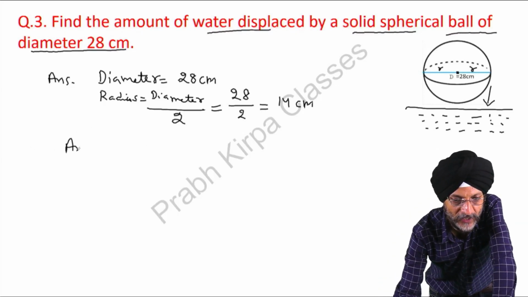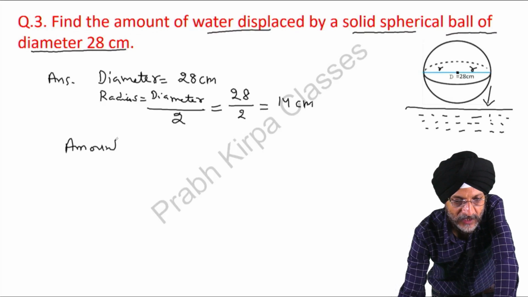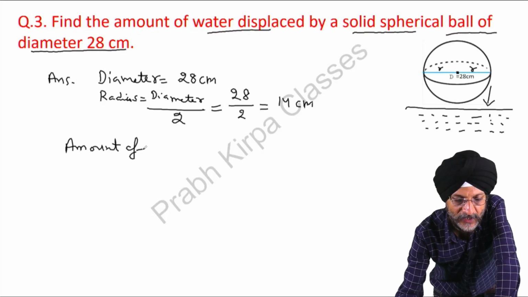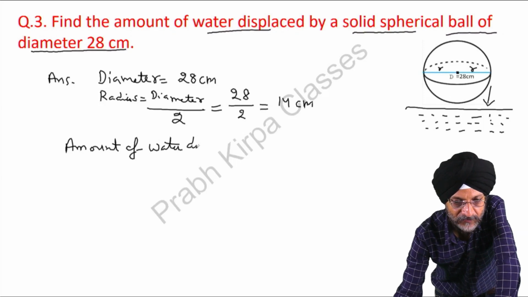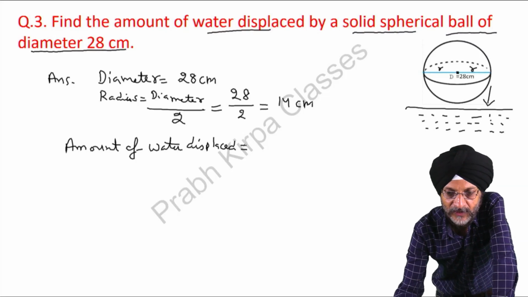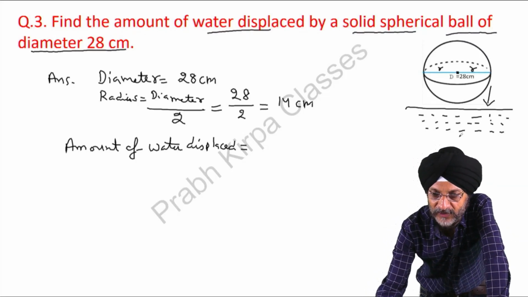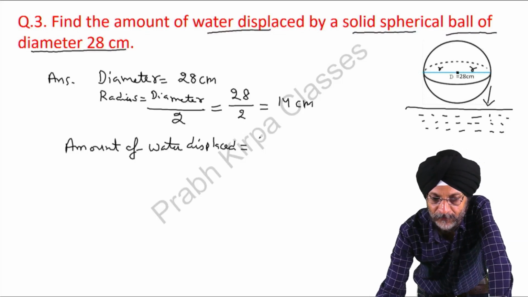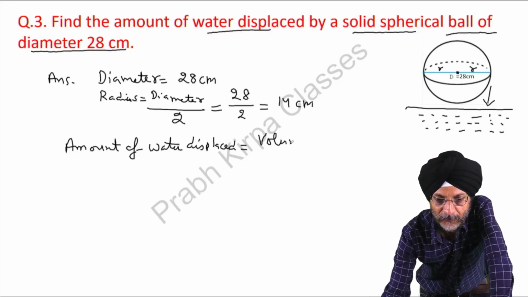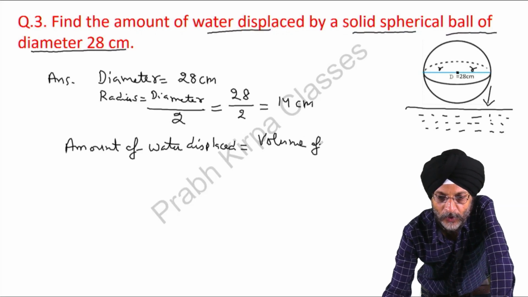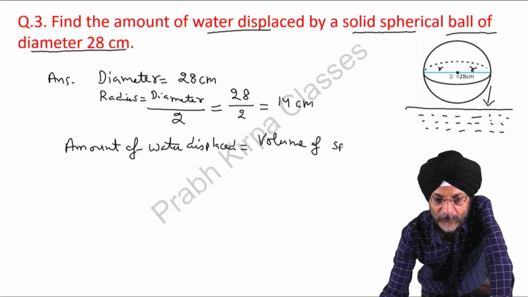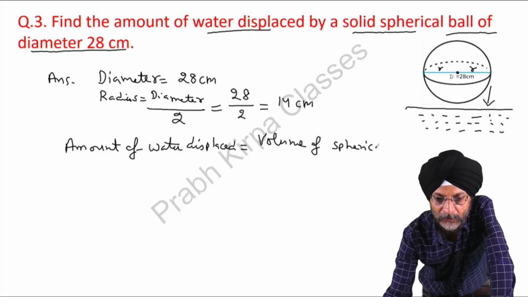Now what we have to calculate is the amount of water displaced. When we put this spherical ball into water, then the amount of water displaced will be equal to the volume of the spherical ball.